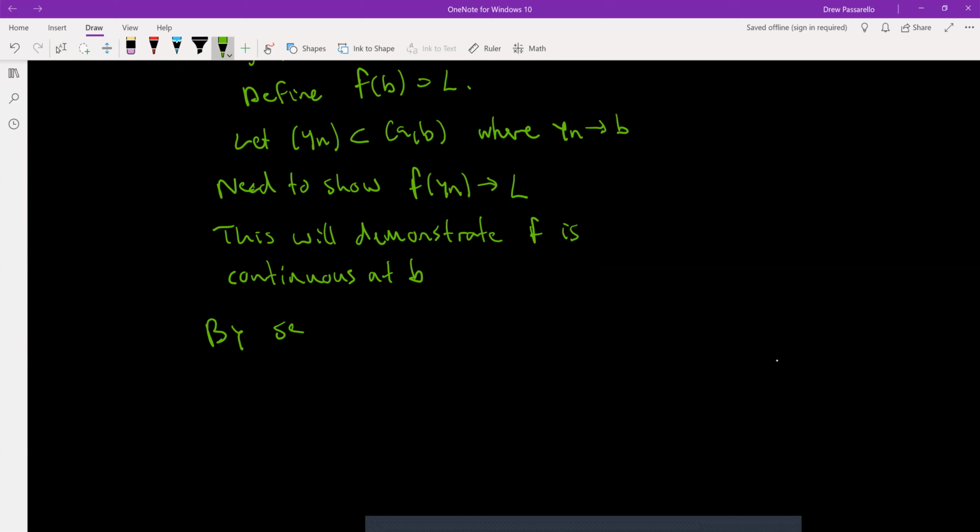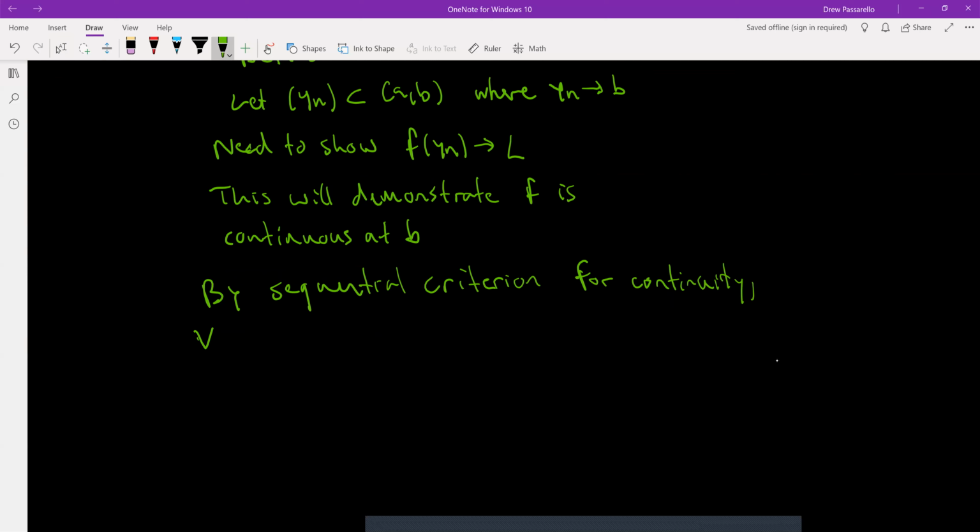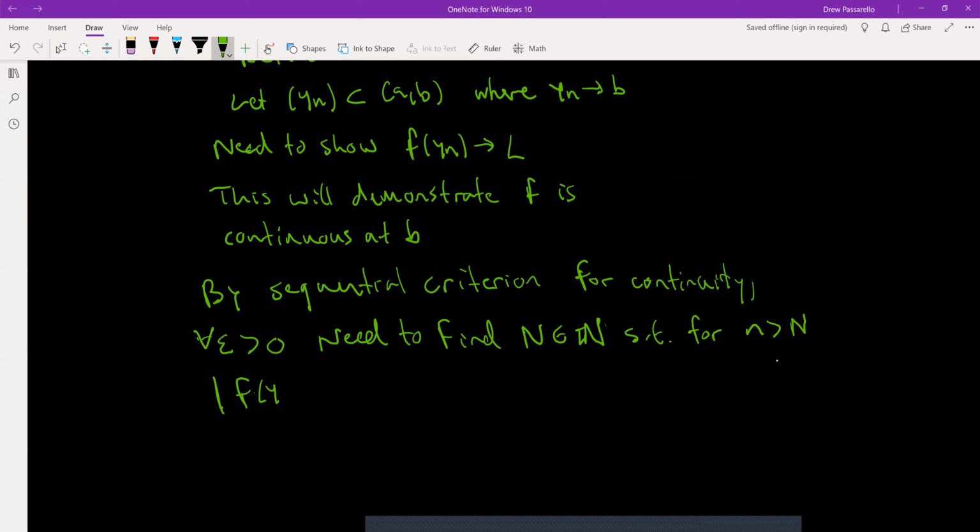By the sequential criterion for continuity, we basically need that for a given epsilon, we need to find a capital N such that for n bigger than capital N, the absolute value of f of yn minus L is less than epsilon.